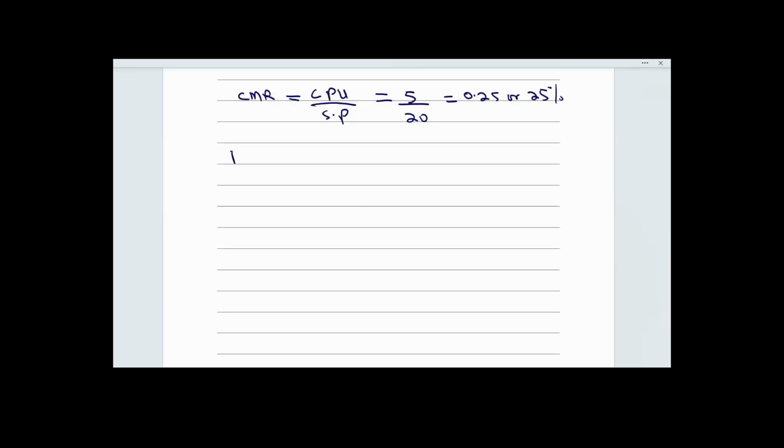Revised variable cost per unit. We are told that variable cost per unit will increase by 5%.